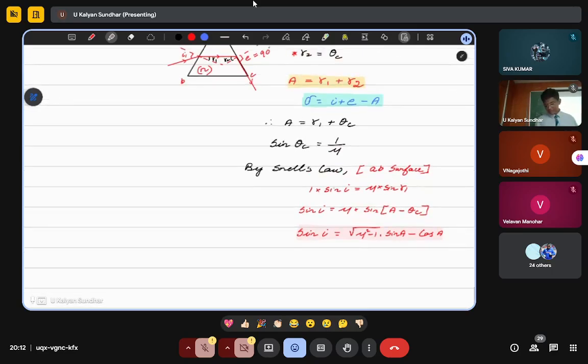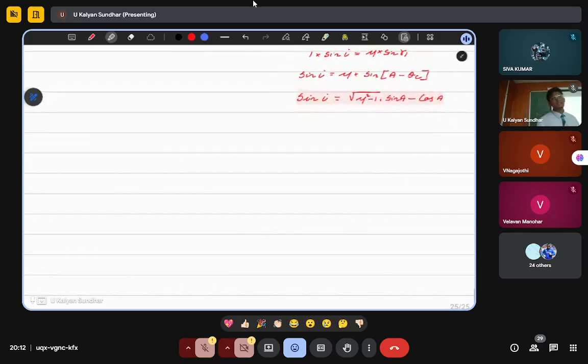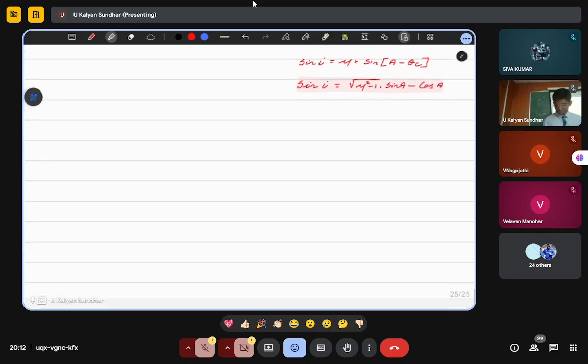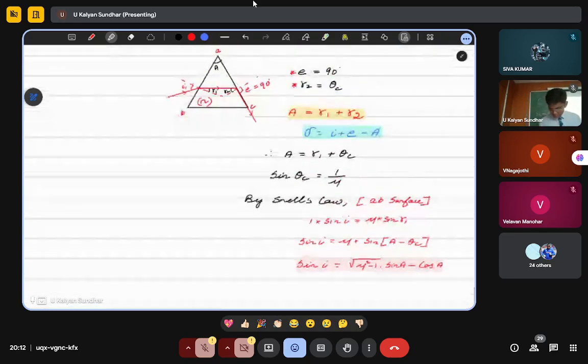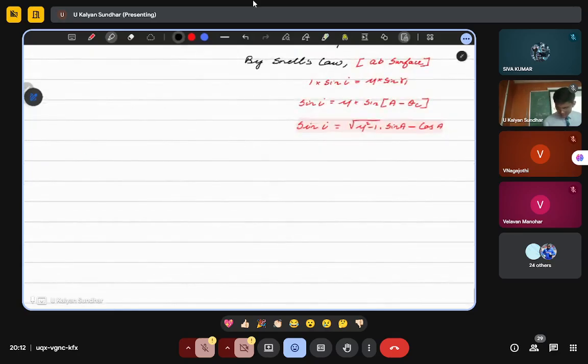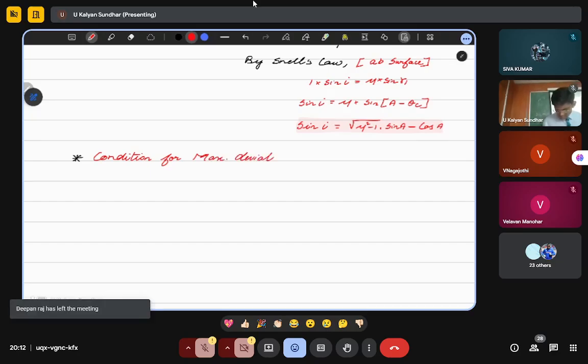So three cases have been there. These two, and after the third case is when it is having a maximum deviation. So write this down: condition for your maximum deviation.